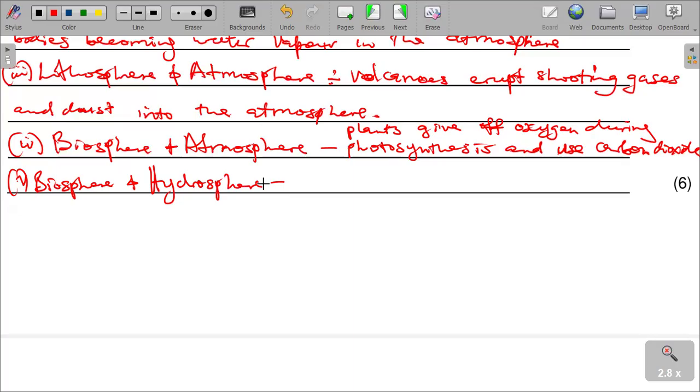Water is used by plants and animals here. I'm sure that you know that water is needed by plants to grow, and animals also drink water there.